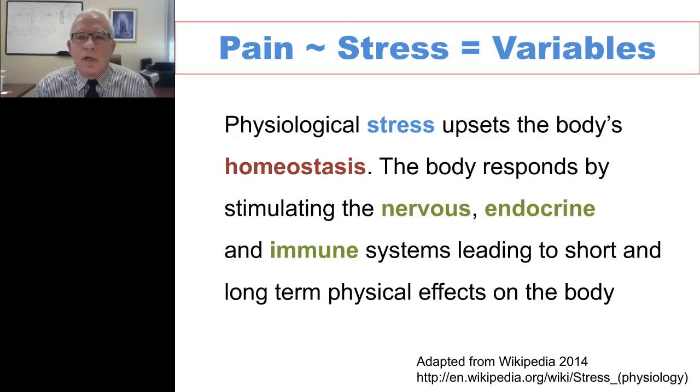Through stress, through pain, the body responds by stimulating the nervous, endocrine, and immune systems, leading to short and long-term physical effects on the body. So how many studies are dependent on the nervous system, the endocrine system, the immune system? The greater the degree of stress, the more the effect that we're going to have on these systems.